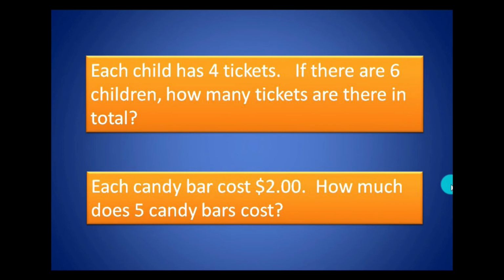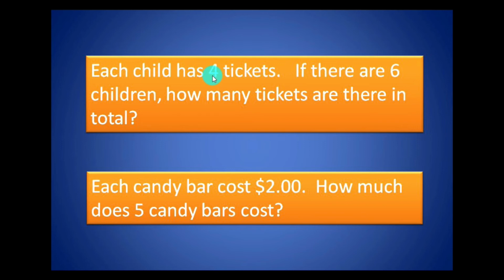Now let's take a look at some examples. Each child has 4 tickets. If there are 6 children, how many tickets are there in total? Now remember, each child has 4 tickets, and there are 6 children. So my detectives, they want to know how many tickets in total.